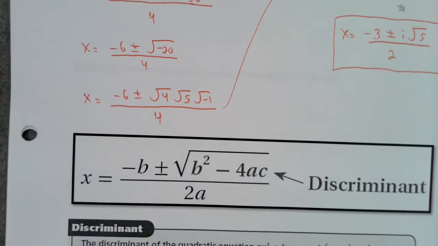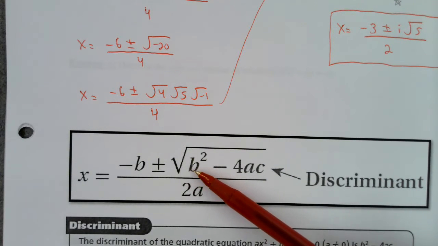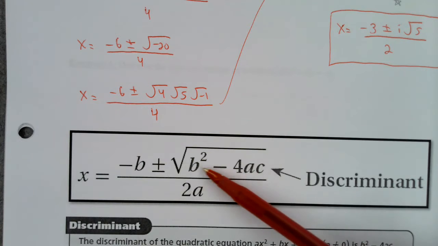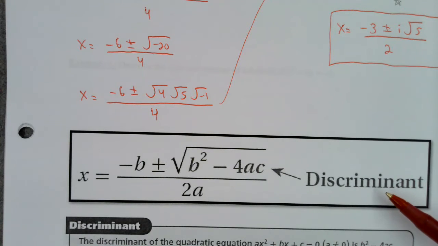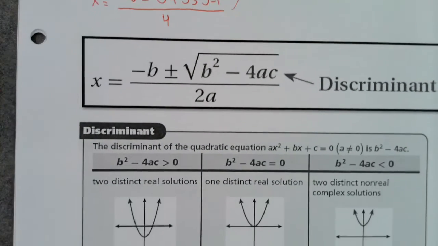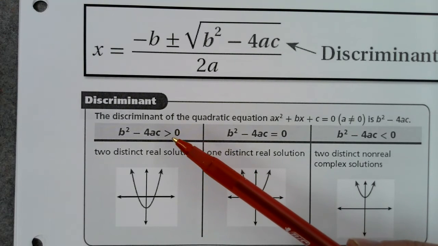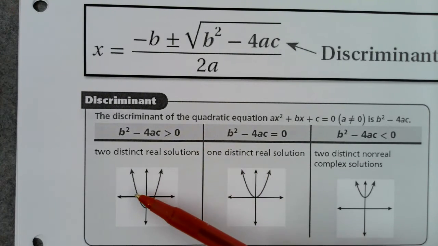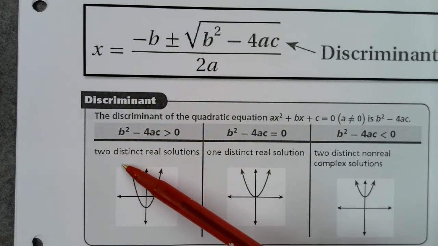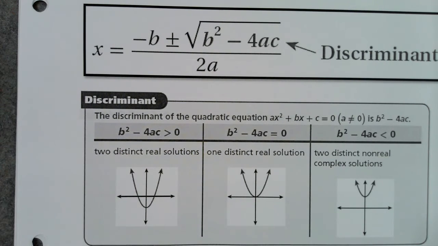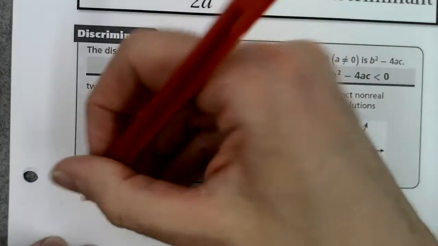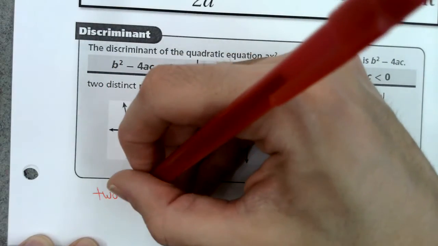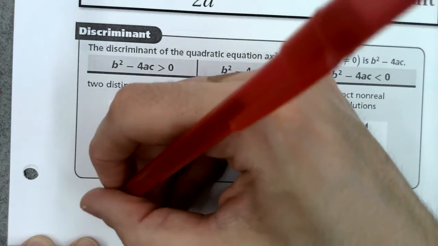The part under the square root, the b squared minus 4ac part, has a name. It's called the discriminant. If the discriminant is greater than 0, meaning positive, the graph crosses the x-axis twice, and we have two distinct real solutions. Distinct means different, so I'll refer to that going forward as two real solutions.